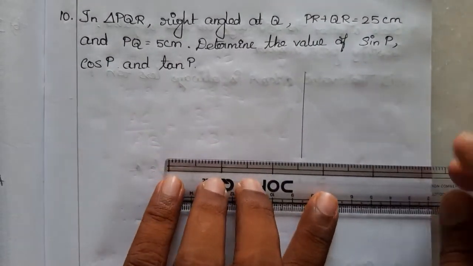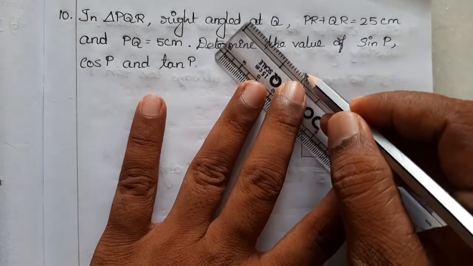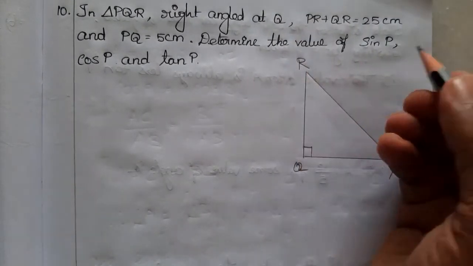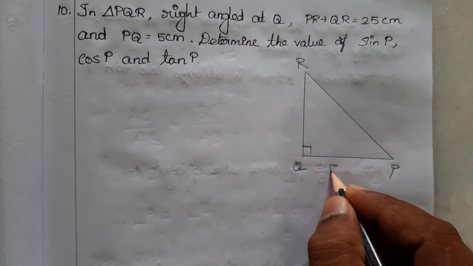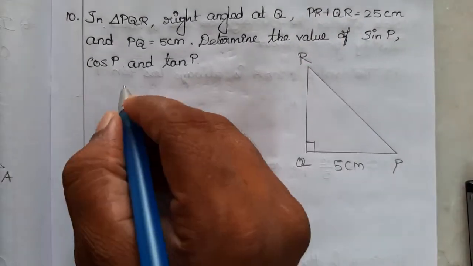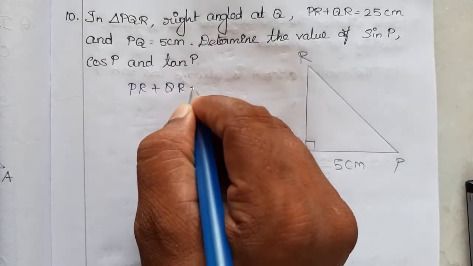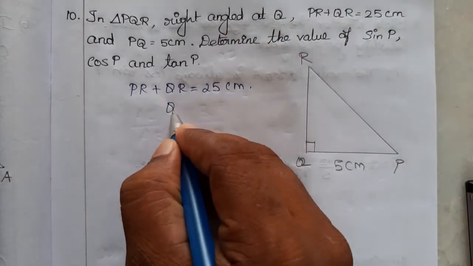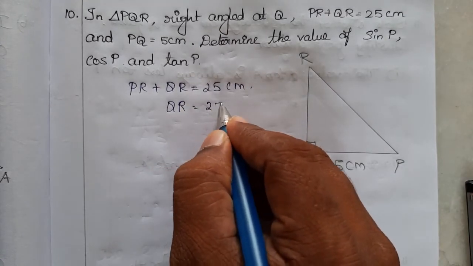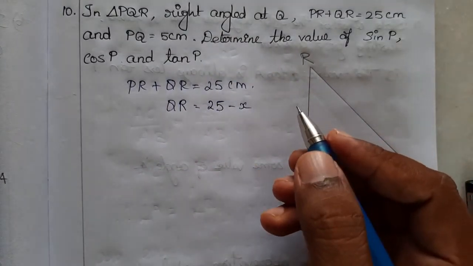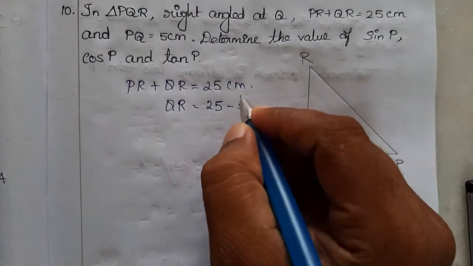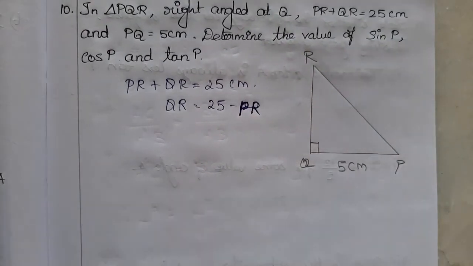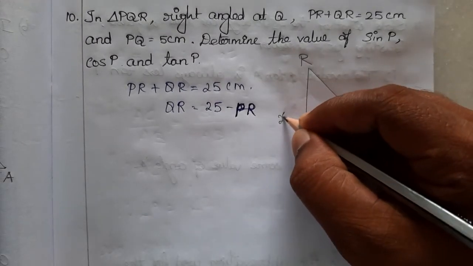So there is a right triangle PQR, right angled at Q. This is the right angle, this is Q. Let me call these P and R. Given PR plus QR is equal to 25 centimeter, then QR is equal to 25 minus PR. Clear? So we can represent QR in terms of 25 minus PR.